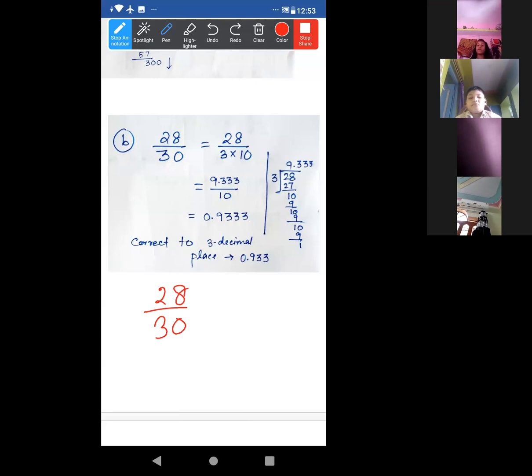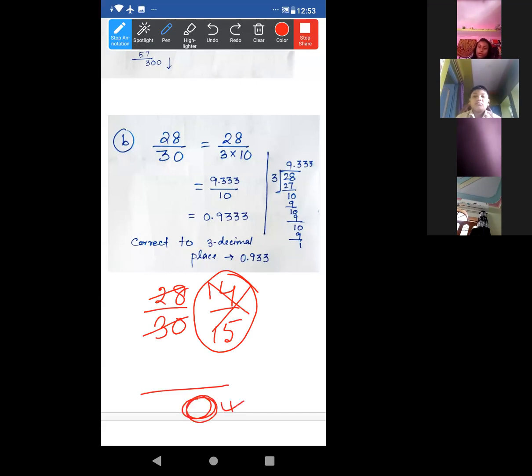No need to divide it by 30. Even we can cut it. It will be 14 and 15. Don't do this. Why? Because if in the denominator there is 0, it will be more easy calculation. The calculation will be easier. So just keep it same.